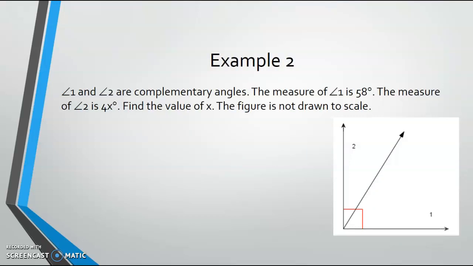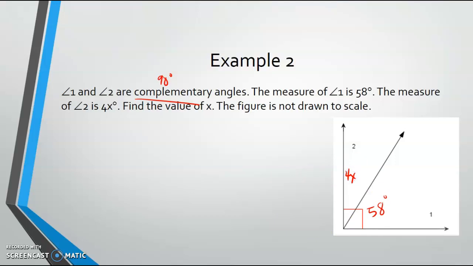All right, so our next example: angle 1 and angle 2 are complementary angles. So anytime I would see this, I would put the fact that it's 90 degrees just to help myself. The measure of angle 1 is 58, so on my diagram, I'm going to put 58 degrees. And the measure of angle 2 is 4x. Find the value of x.